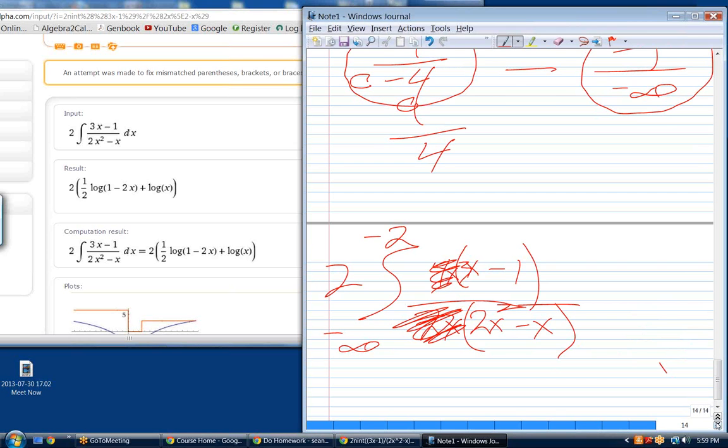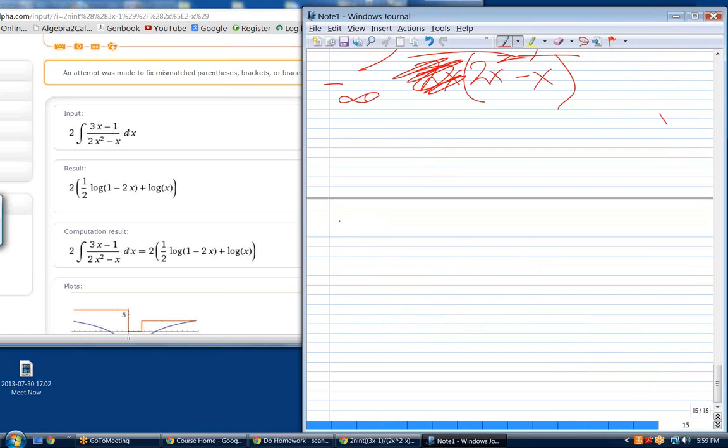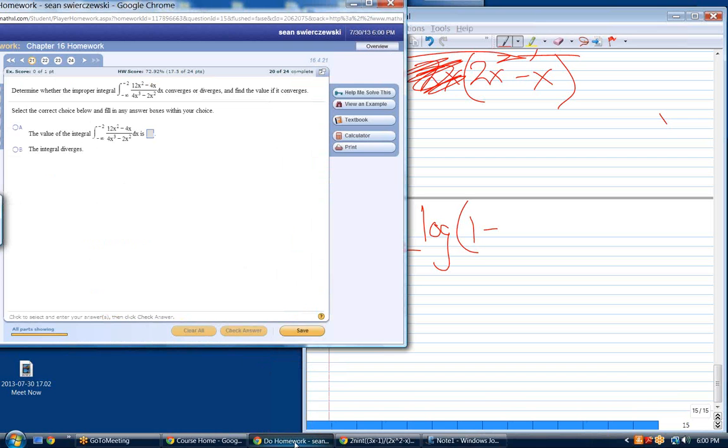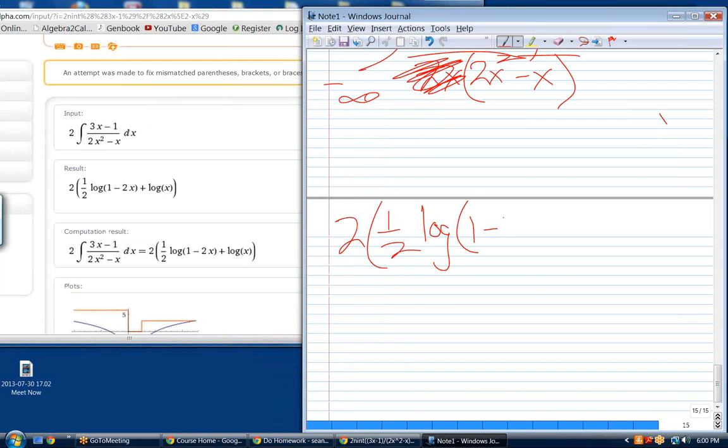So we've got 2 times 1/2 log of 1 minus, what's the upper limit of integration? Negative 2. So 1 minus 2 times negative 2, so that's 1 minus a minus 4.